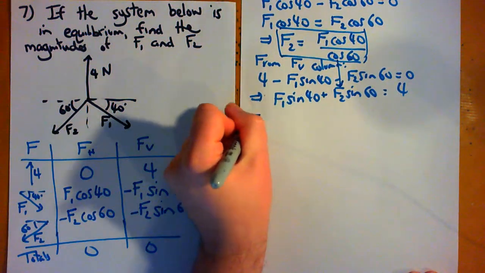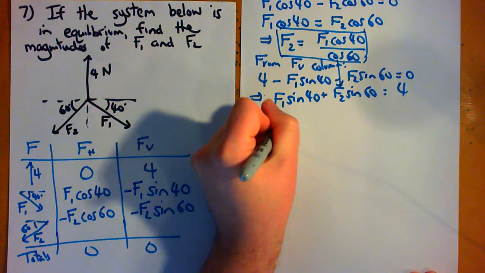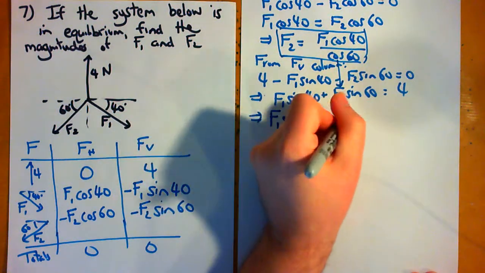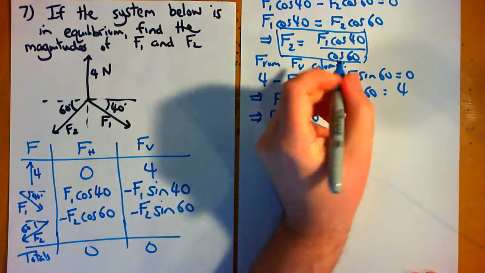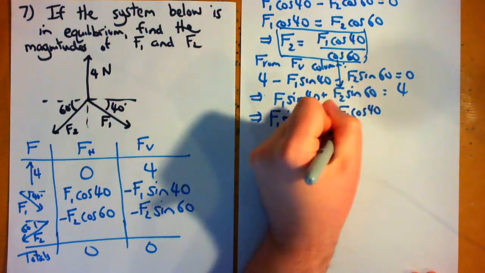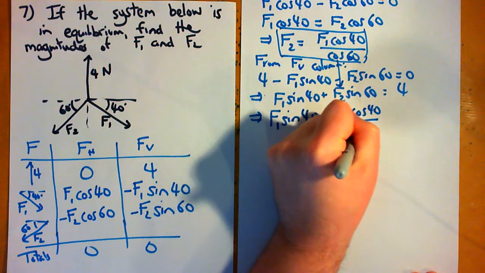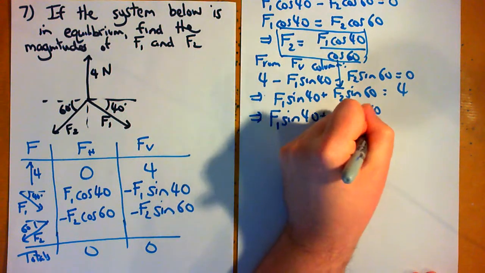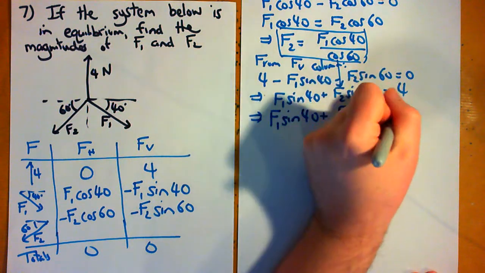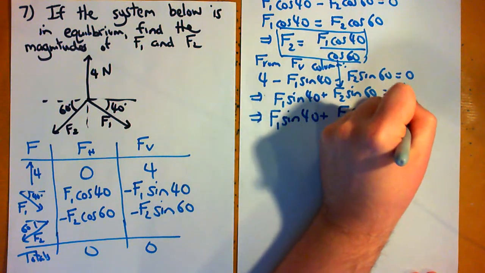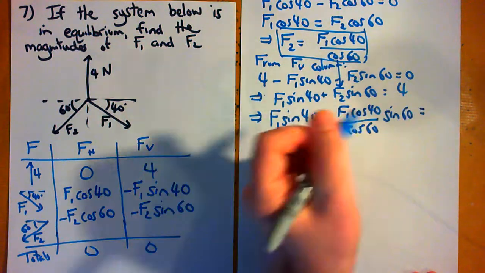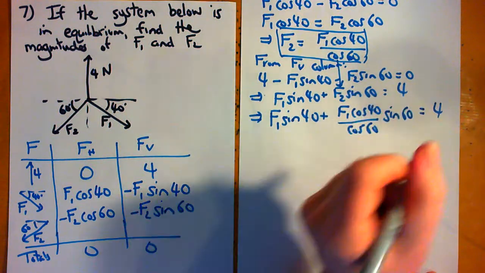So we've got F1 sine of 40 plus F2, which is F1 times cosine 40 over cosine of 60. But that was just the F2. We've still got to put in the sine of 60, because it was F2 sine 60, equals 4.